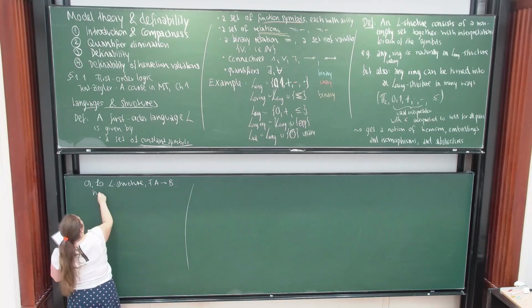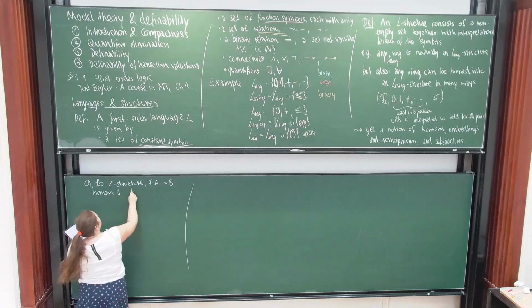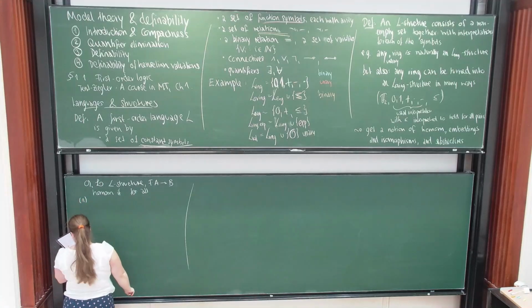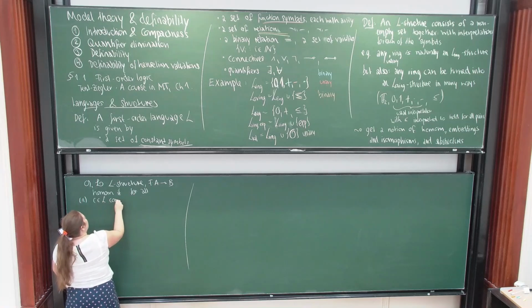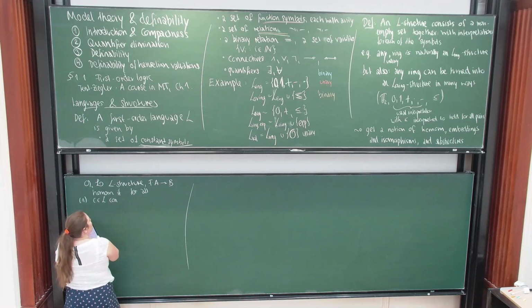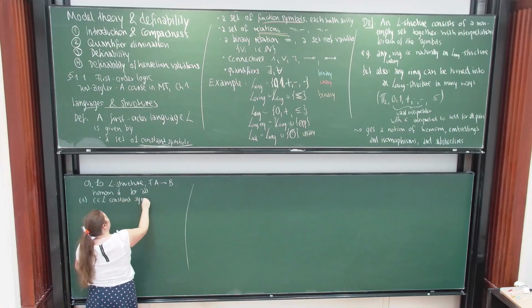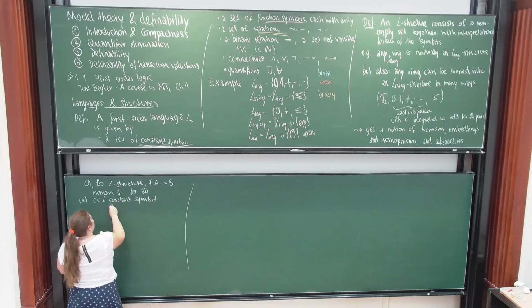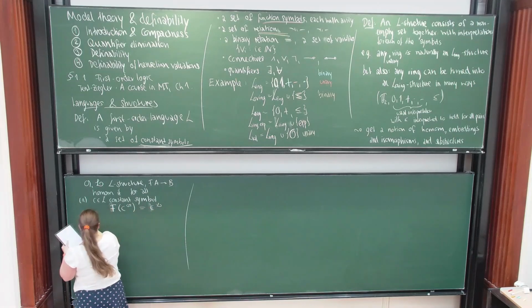So in the homomorphism, let me write it down for constant symbols and then for relation symbols. So if c in L is a constant symbol, so there are structures in the same language, that's important, then I have F of c^A is c^B.